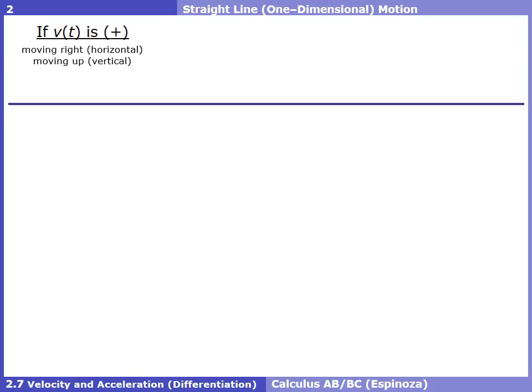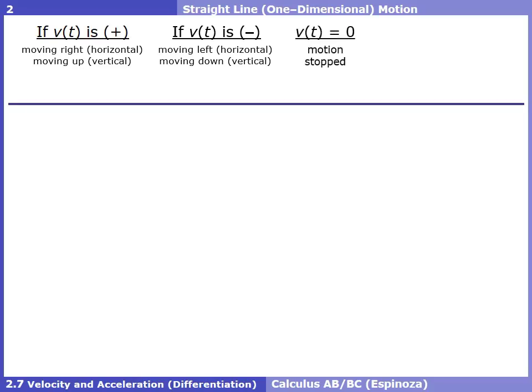If we're talking about a vertical motion, we know it's going to be moving up. Opposite to that, if velocity is negative, if our particle is moving horizontally, like on the x-axis, it'll be moving to the left. If our particle is moving vertically, like along the y-axis, it'll be moving down. If velocity is 0, of course, the particle's motion, the object's motion, is stopped. Nothing's happening.